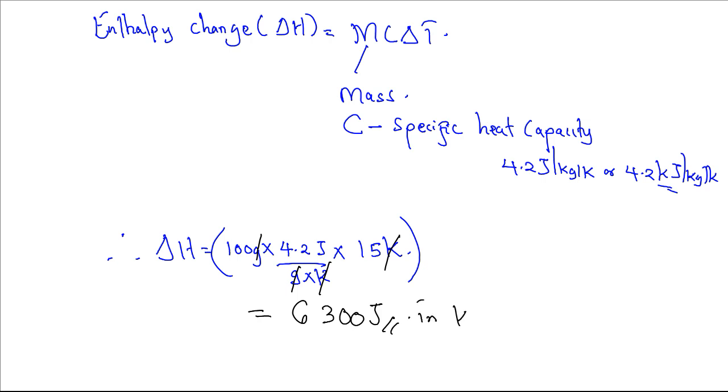In kilojoules, we just divide by 1000, so that we have 6.3 kilojoules.